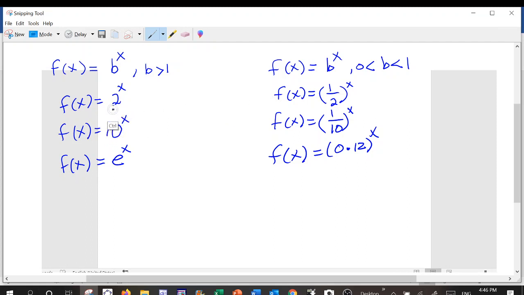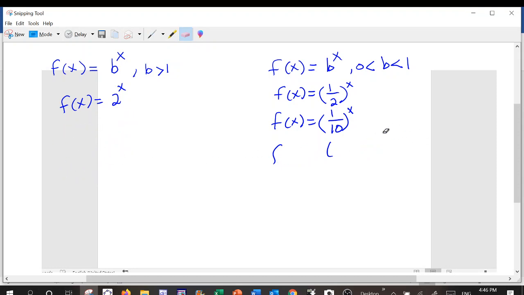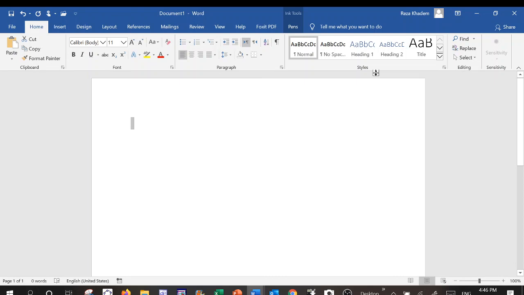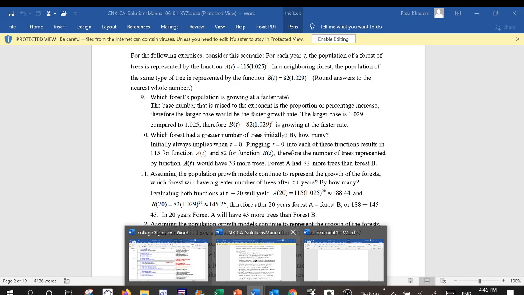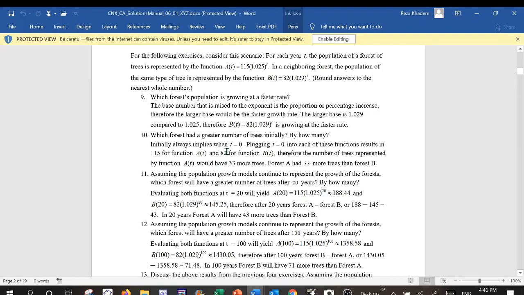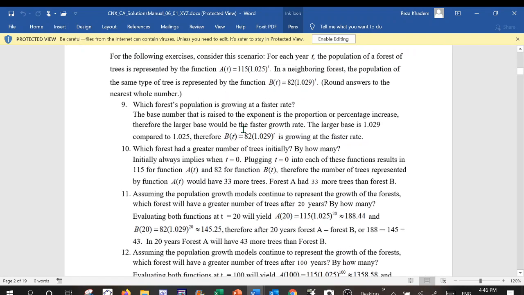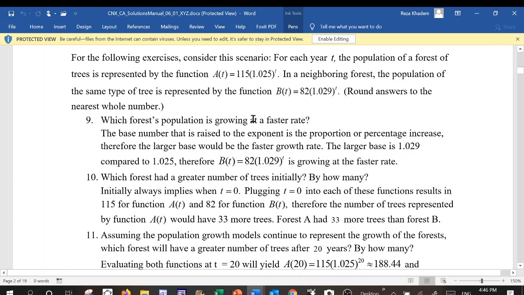Now, to understand them, we're going to graph these later, but for right now, we are going to leave here and go to our problems, and I have to make this a little bit bigger so we can see it. That's good enough.